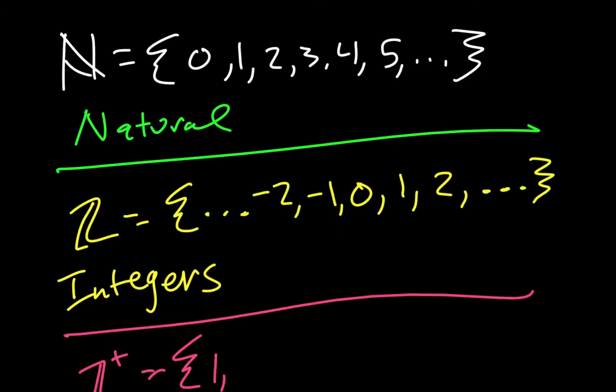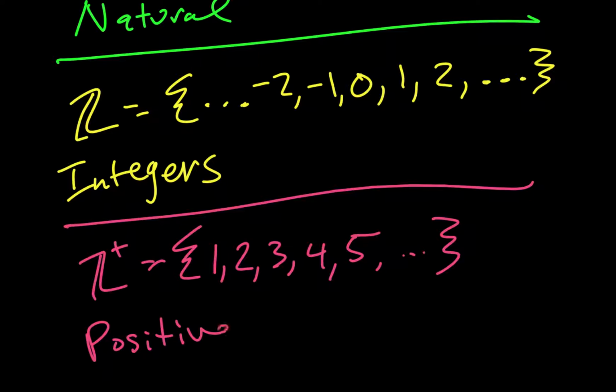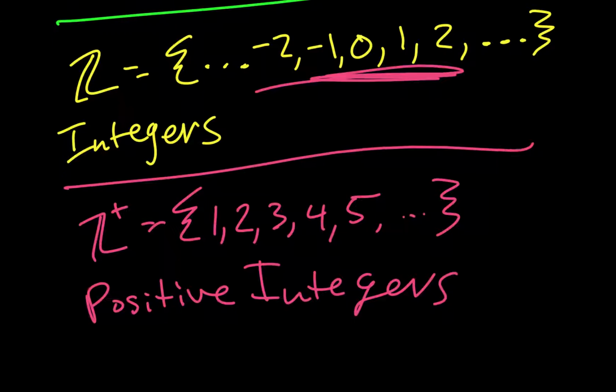Because 0 is not positive or negative, so if we're asking for positive numbers, we don't include 0. So this one is called positive integers. Essentially we take this set right here and we only write down the positive numbers, 1, 2, 3, 4, 5, etc.